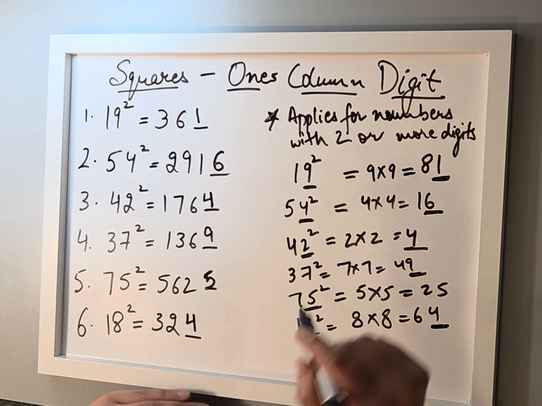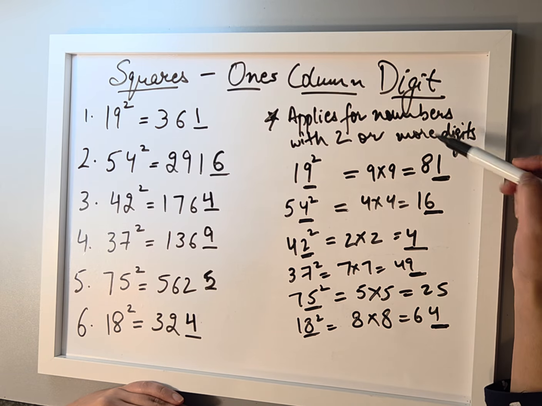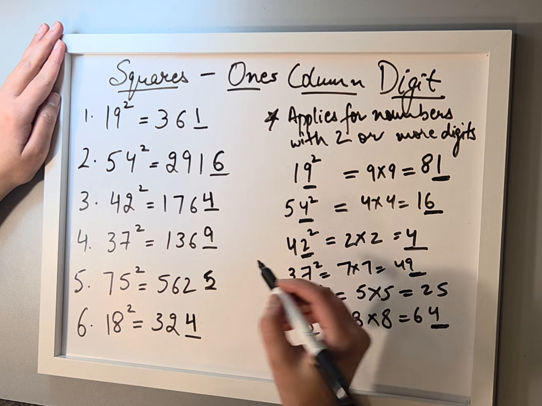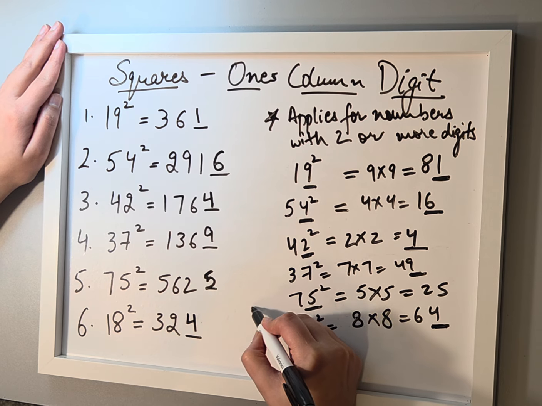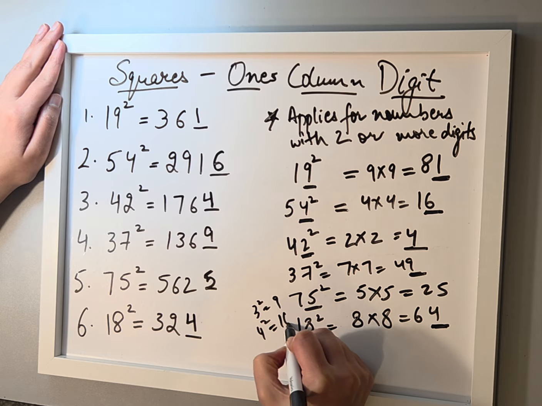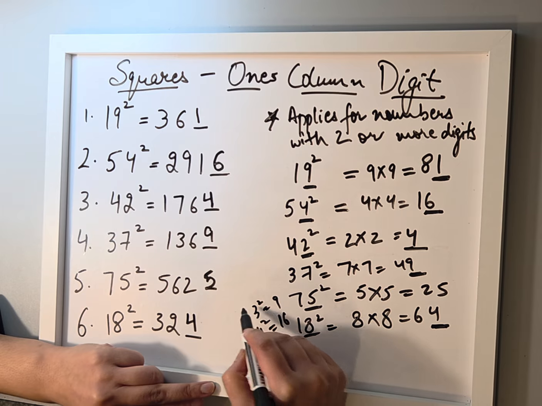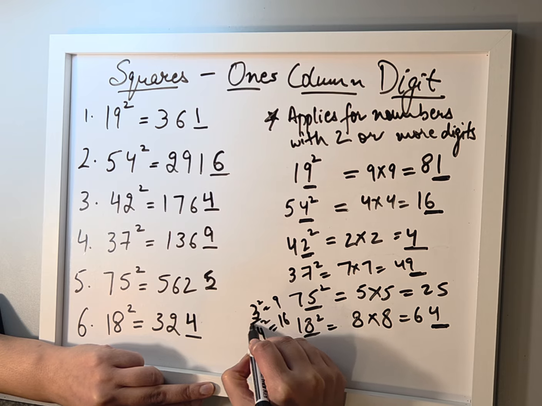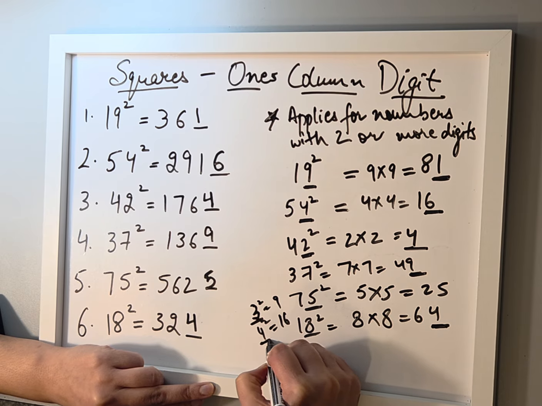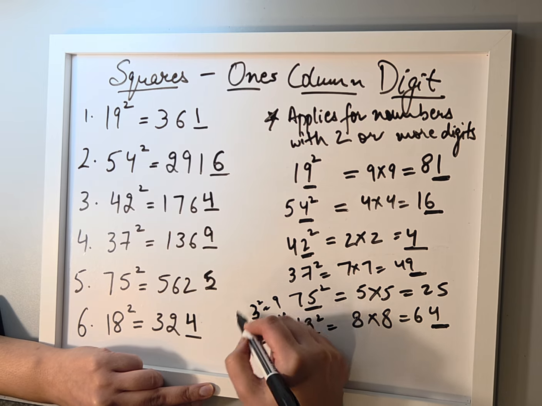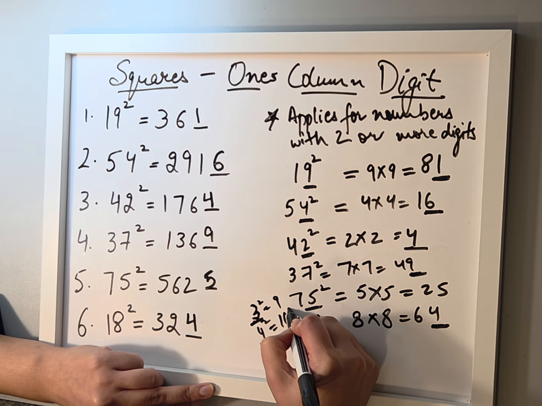Now we always have to remember this rule applies with 2 or more digits. If it is single digits, we'll pretty much remember all the squares, right? 3 square is 9, 4 square is 16. But here it's just one digit, so the square of this digit will actually be the answer.